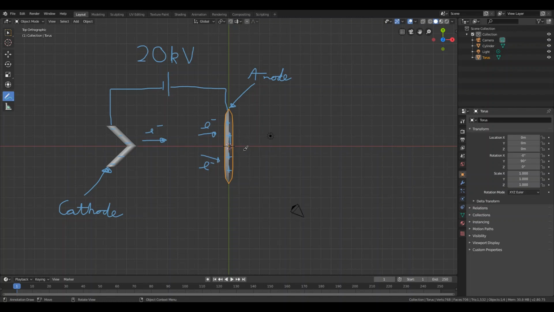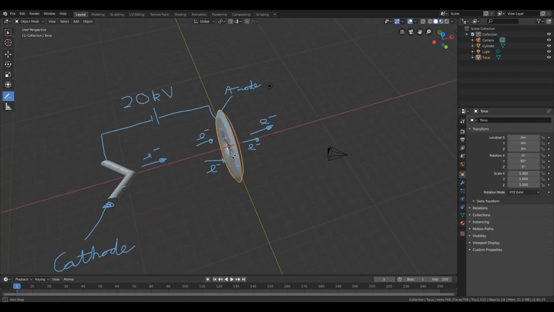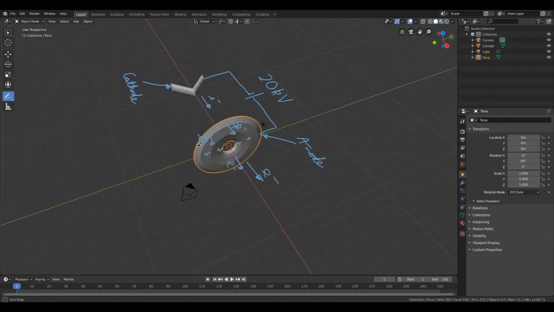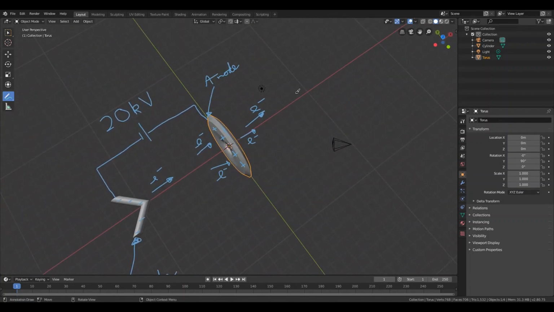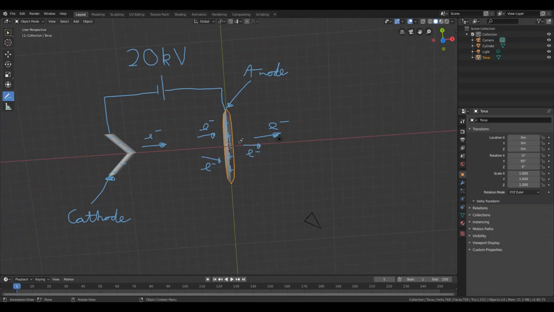But some go through. Some just miss this thing. So they go through, and these are the electrons we are interested in.